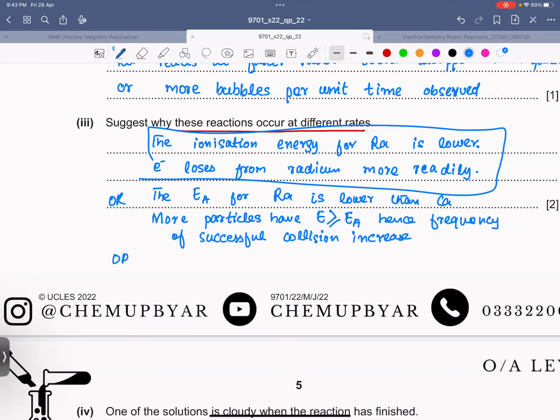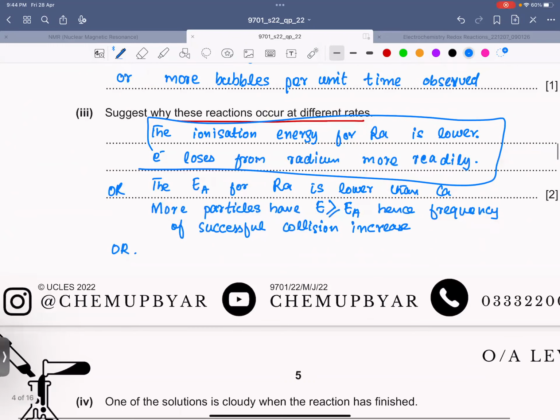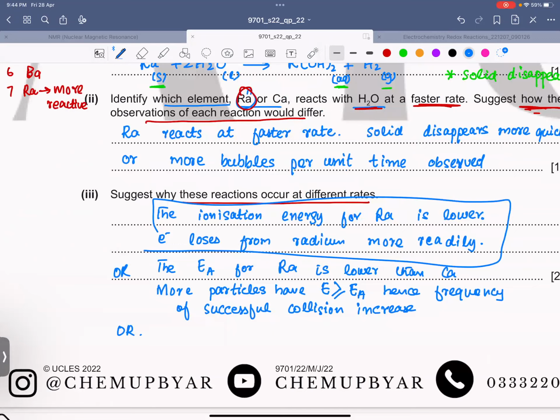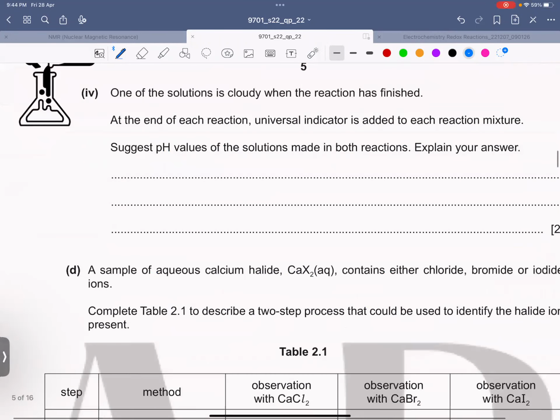Or instead of these two, you can talk about the atomic structure: as radium has a bigger size, the valence electron is further away from the nucleus, so it can be easily released, or it can release the electron more quickly. Is this understandable? Yes. Okay, now we can also write about the shielding effect.